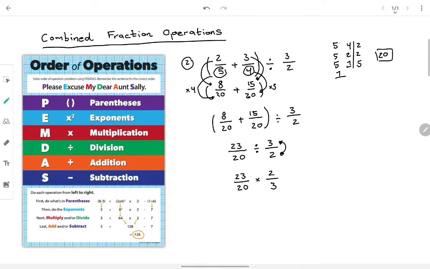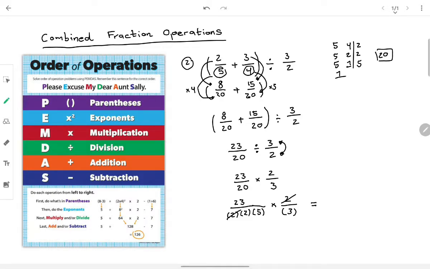So remember, we can always decompose these numbers. 23 is a prime, so we cannot decompose it, but 20 is 2 by 2 by 5, multiplied by 2 over 3. So we can eliminate these 2 with these 2.